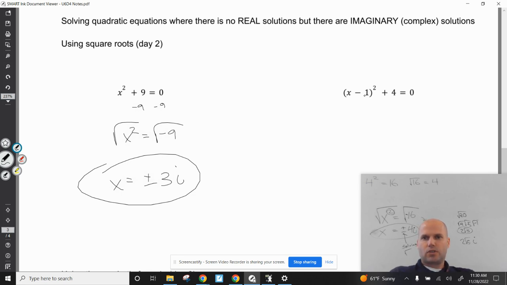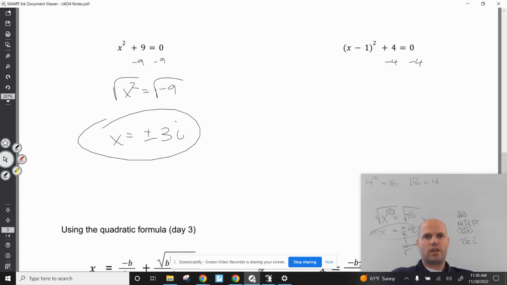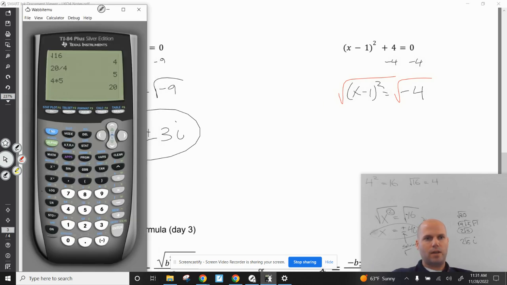Remember the other procedures? This is in vertex form. Isolate the square, even if it's a bunch of stuff. We then square root both sides. Simplify the square root. Okay, the square root of negative 4. Think of it as just a positive 4.